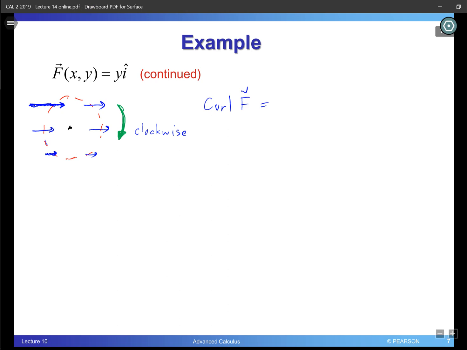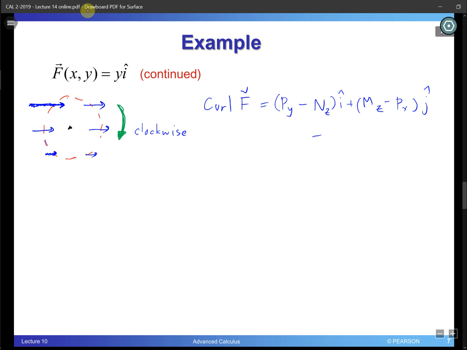So this is equal to dp/dy minus dn/dz i, plus dm/dz minus dp/dx j, plus dn/dx minus dm/dy k. Okay, let's do some calculation on this.